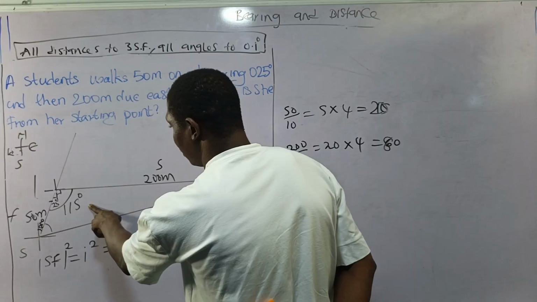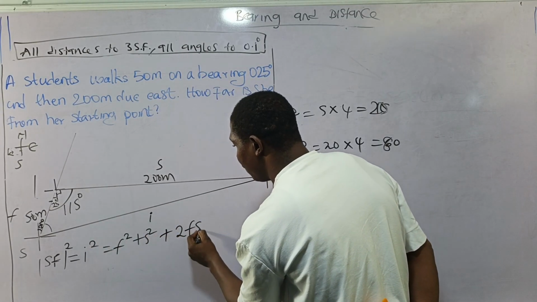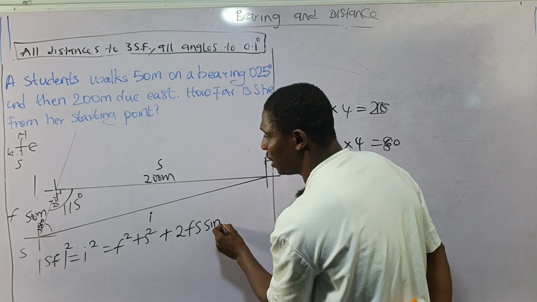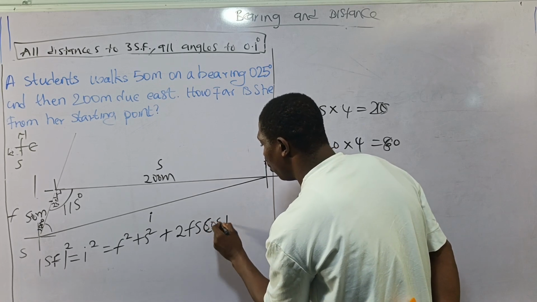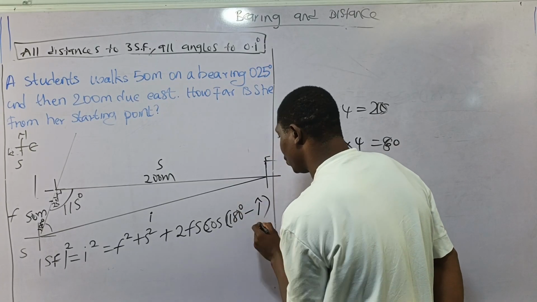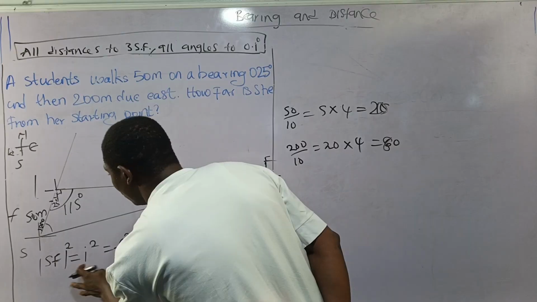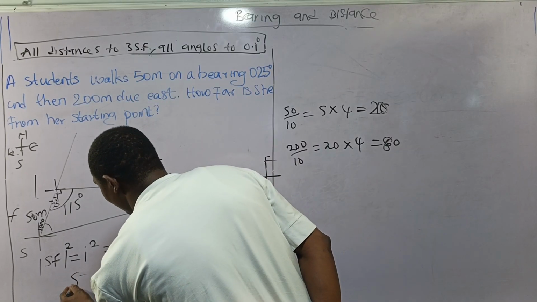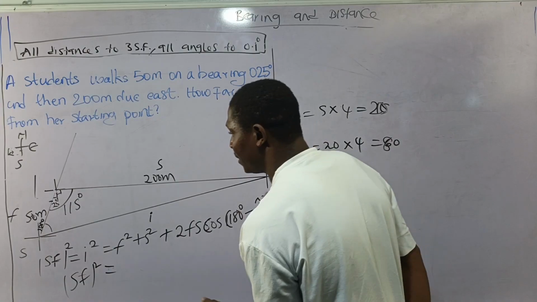This is greater than 90, so I'll use plus 2fs cos. I'm using cosine rule. Cos open bracket 180 degree minus angle I. So my small letter i is my question, which is the distance between the start and the end points.